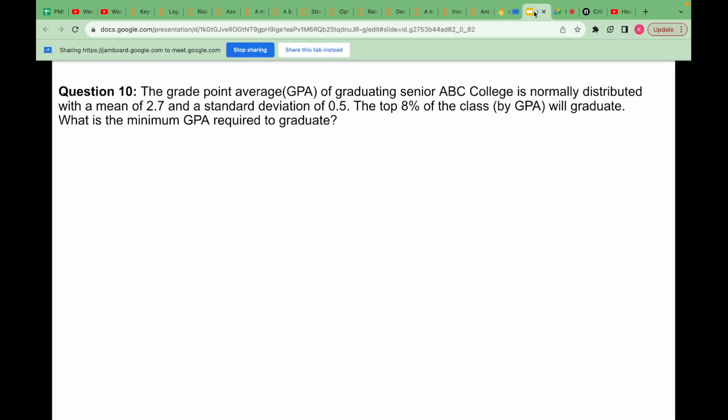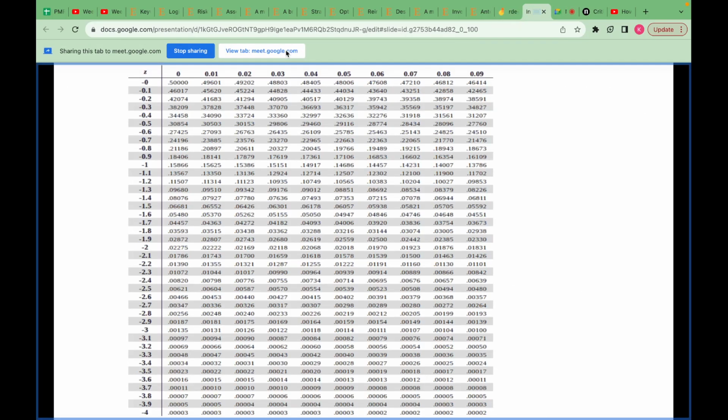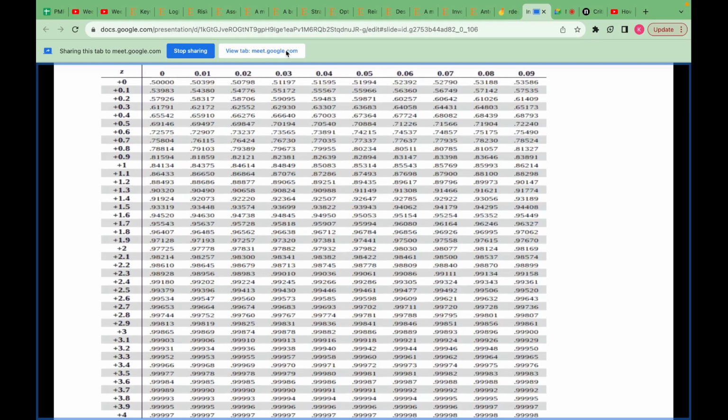Now from this z table we will look up the corresponding z value for 0.92.